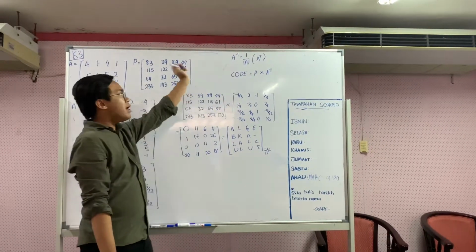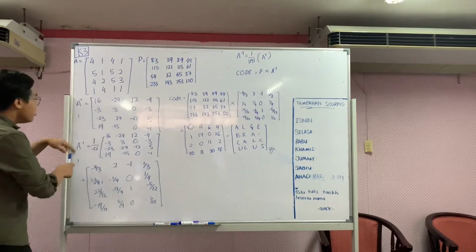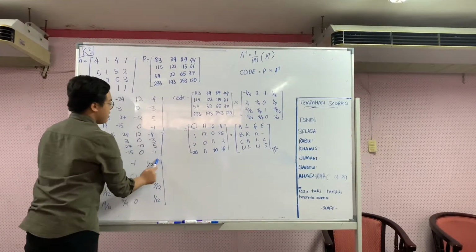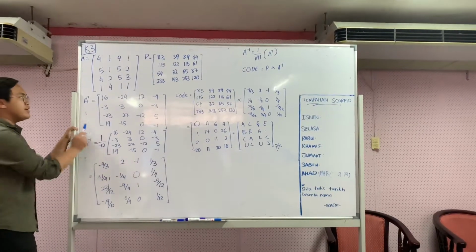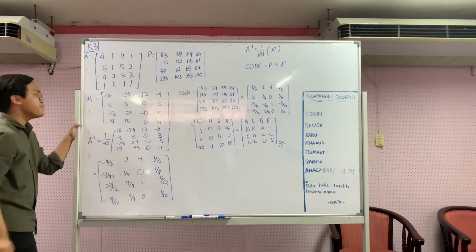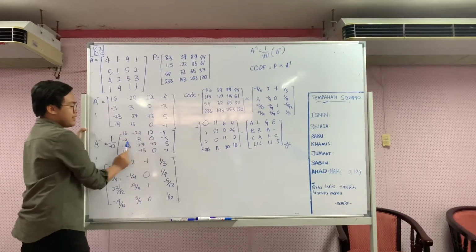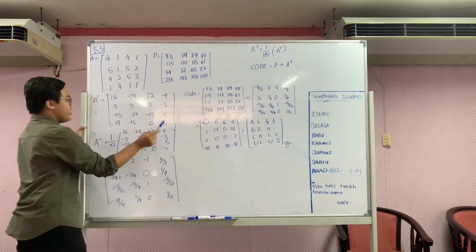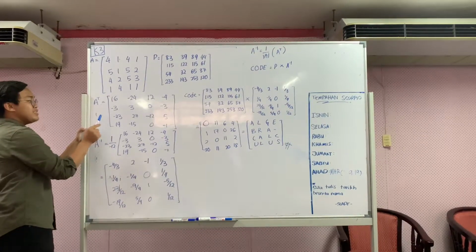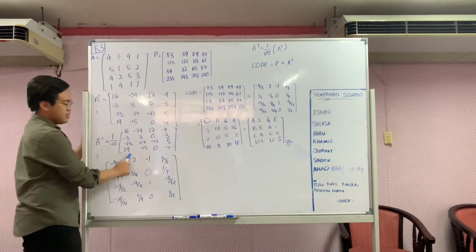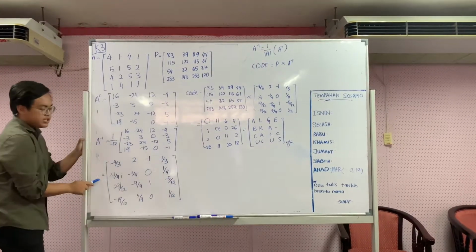Now we just substitute the formula, which is 1 over negative 12, we multiply with the transpose of the adjoint that we have already calculated before. Then we multiply each cofactor in this matrix with 1 over negative 12. And next we will find the inverse of the matrix, which is this one.